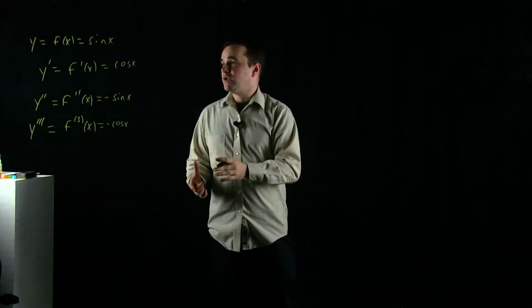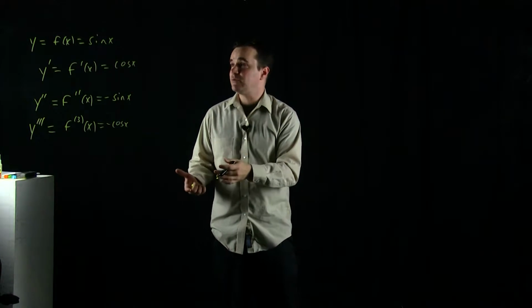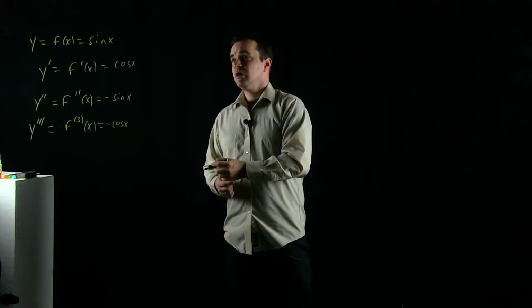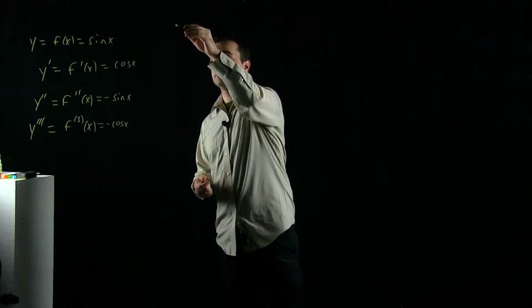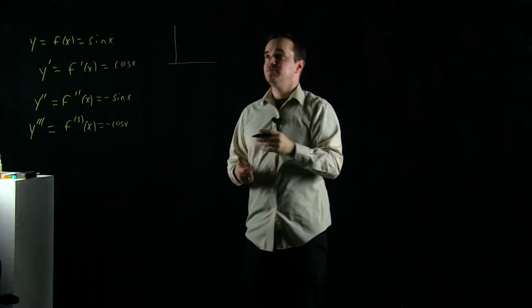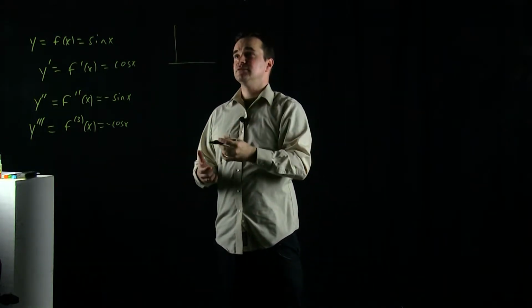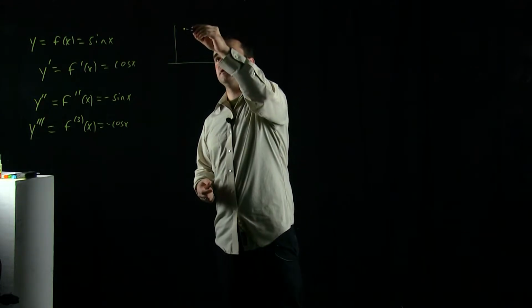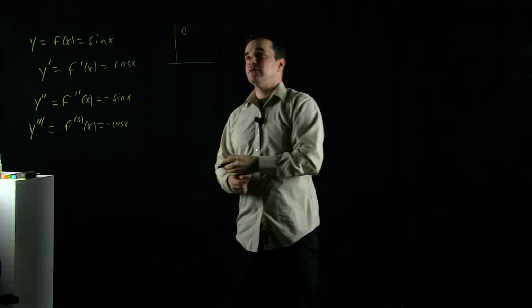Why would you want to take multiple derivatives? Here's a quick example that comes to us from physics. One of the simplest physical setups: let's say that you're standing on top of the Leaning Tower of Pisa, and you drop an object. You drop your pizza box off of the top, and it's falling down.